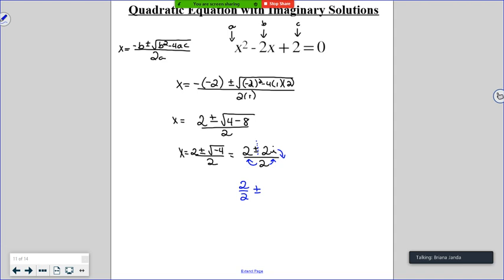Keep that plus or minus between them. 2 over 2. Which means at the end of this, x equals 2 over 2 is 1, plus or minus 2 over 2 is 1, which you can write, but you don't have to, i. And again, that's 2 answers, right? That's 1 plus i, and that's 1 minus i.